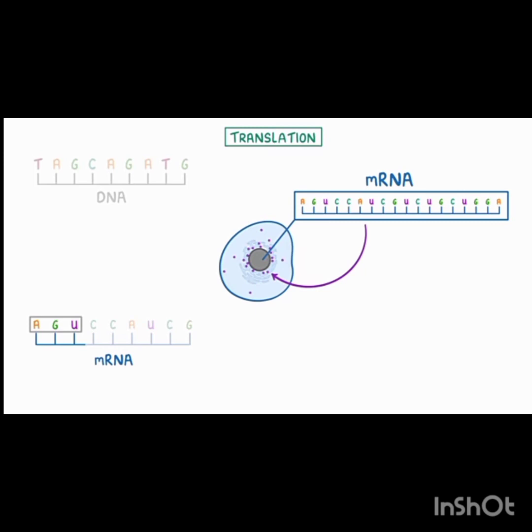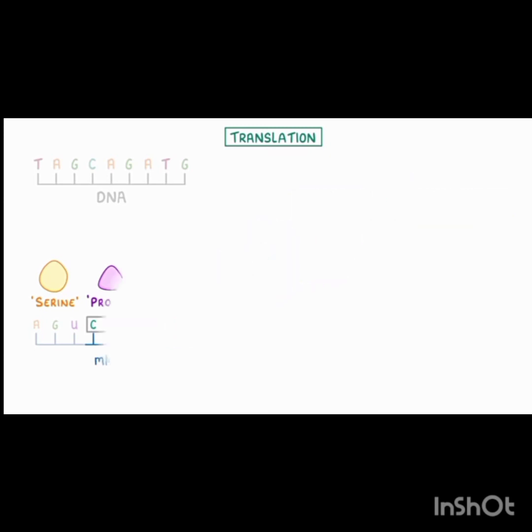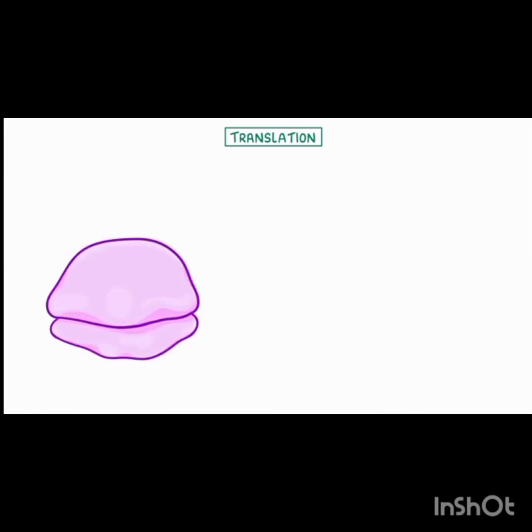The mRNA will be read by the ribosome, and for example, CCA is the code for the amino acid proline, and AGU is an example for the amino acid serine. You need not remember these examples; it is just to illustrate.